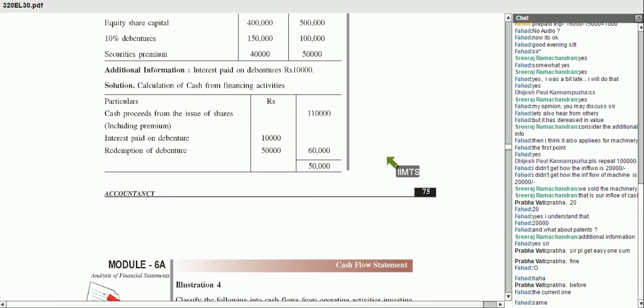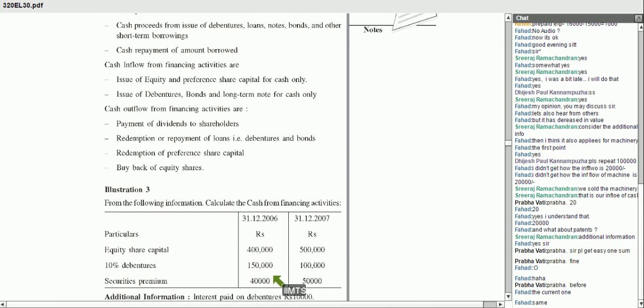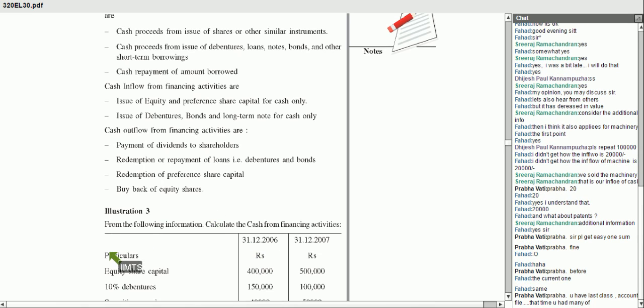Sorry, this is financing activity. So read this question and try to solve it. You have to calculate the cash from financing activity. This information is given. I will hide the solution.